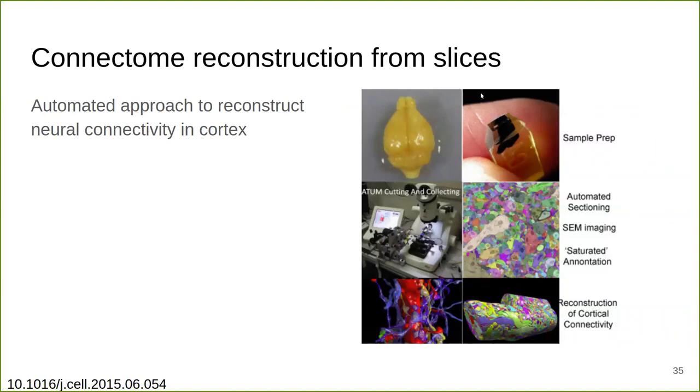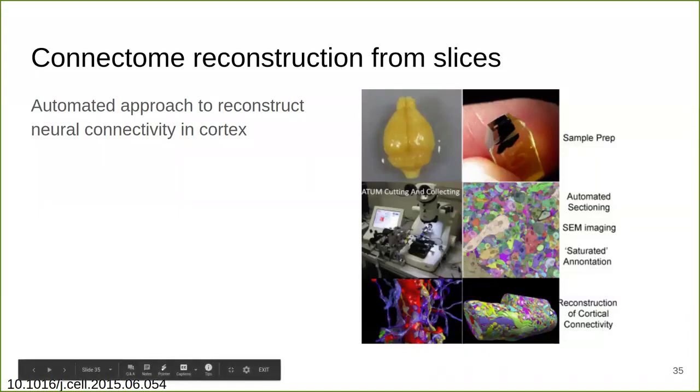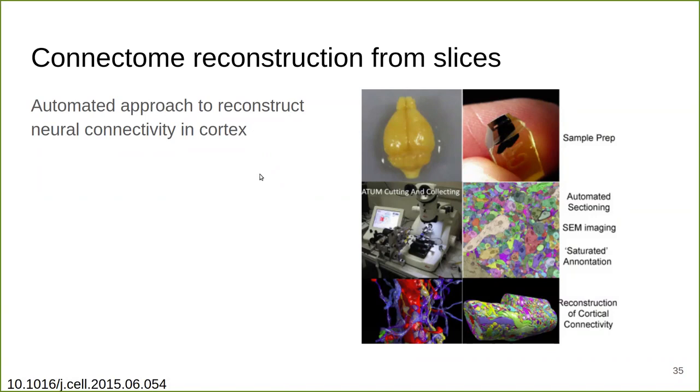So you can just take a brain, if it's a very small brain, like a mouse brain, or maybe some invertebrate brain, and then you slice it like salami in very small pieces. You scan all of them with scanning electron microscopy, and then you align all of these small photographs into a 3D structure.